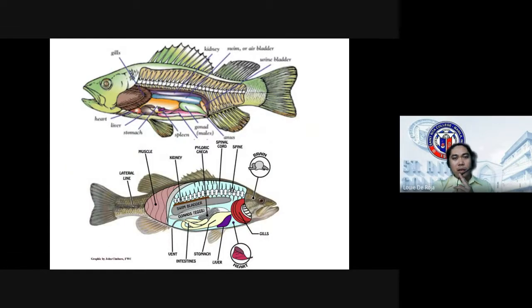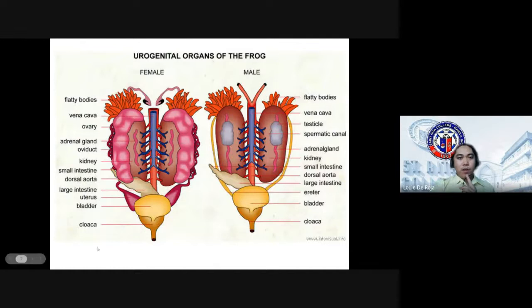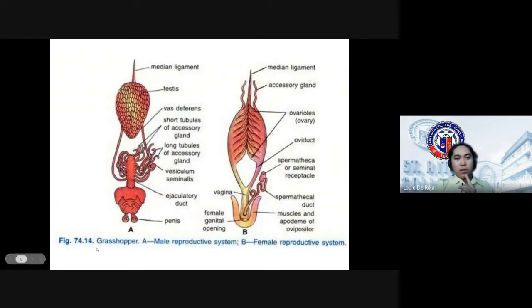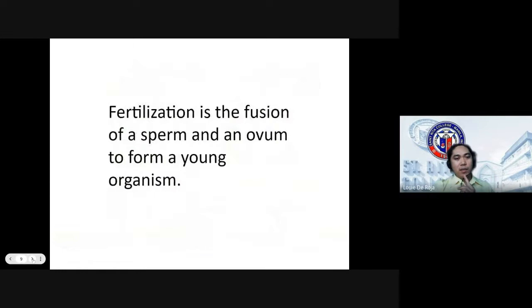Same din sa isda, male and female reproductive organ. Same din sa frog. Meron tayong female and male reproductive organ. And din sa grasshopper, may male and female reproductive system din sila. Okay, hindi na natin yan pahabain pa.